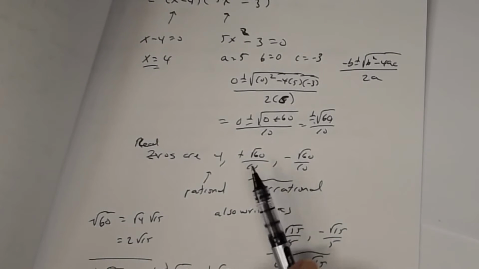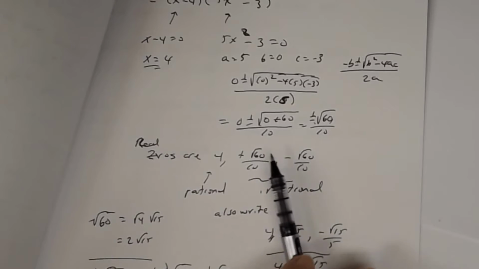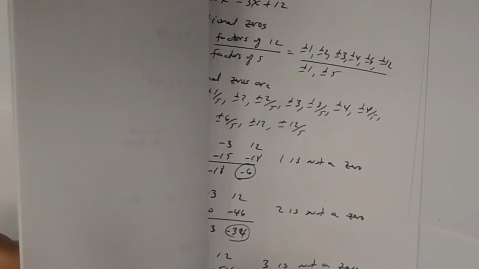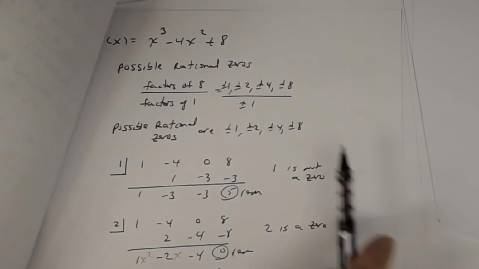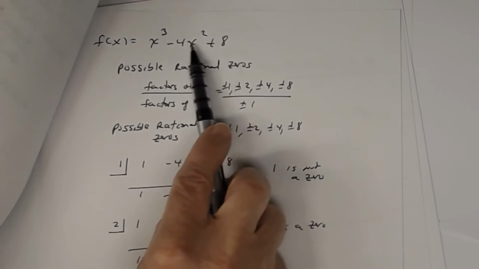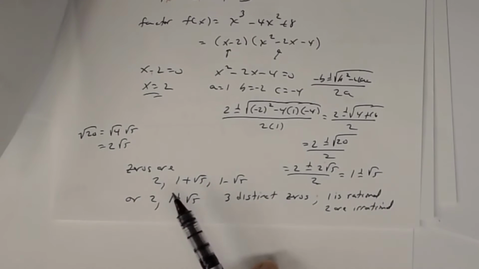So notice that in all the problems that we did, when we had irrational zeros, they came in pairs, plus, minus. All right, and there was another example real quick where I wanted to show you right here. Notice that in this particular cubic function, we had three solutions.